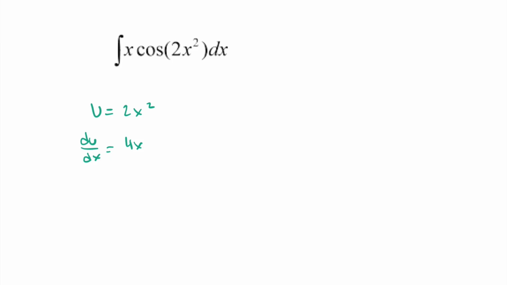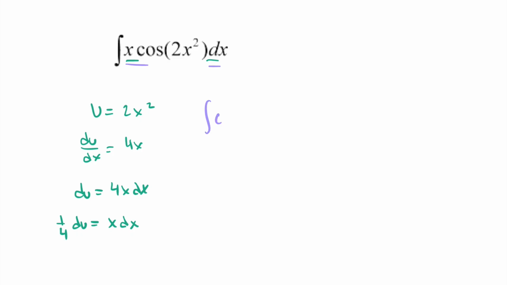We're going to have to rearrange it. I want just an x and a dx. So du equals 4x dx. 1/4 of du is equal to x dx. So now I can see the 1/4 showing up here. So the x dx is 1/4 du.